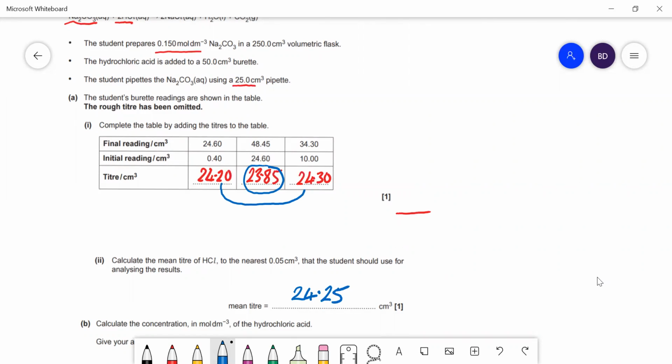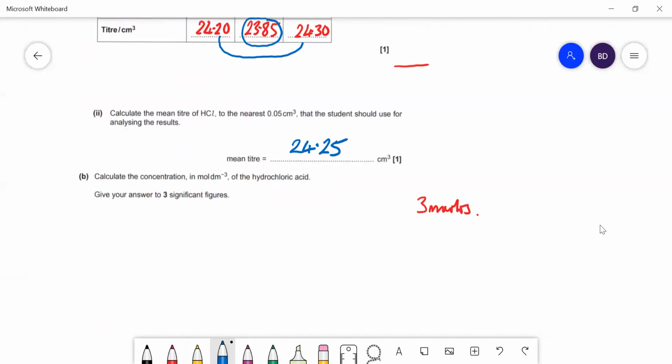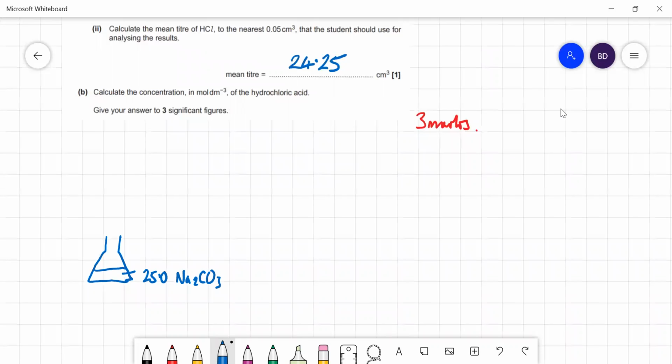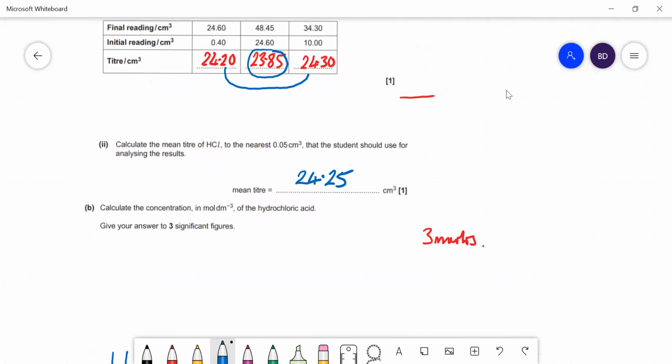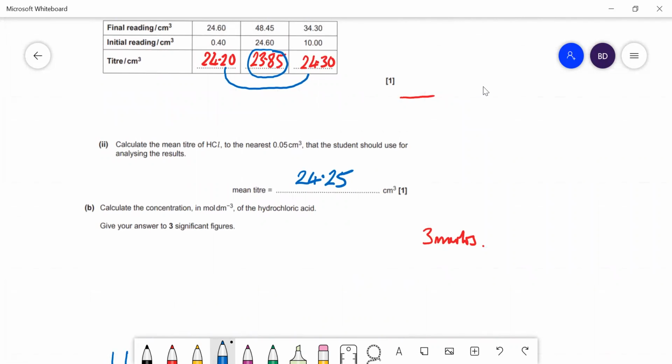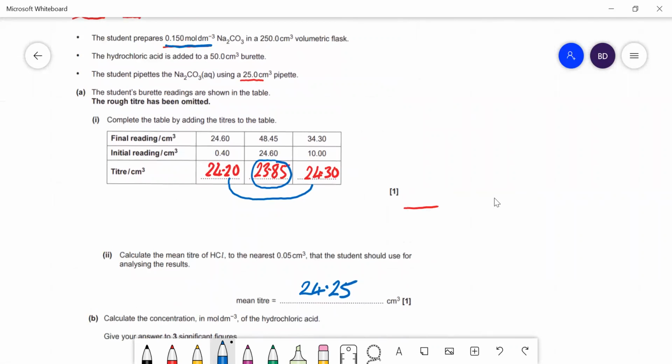Now from that we've got to calculate the concentration of the hydrochloric acid. In the conical flask, we've got 25 centimeters cubed of sodium carbonate, and the concentration of the sodium carbonate, they tell us, is 0.15 mole per decimeter cubed.